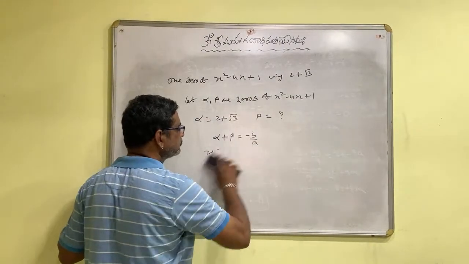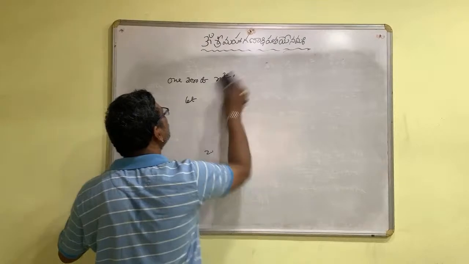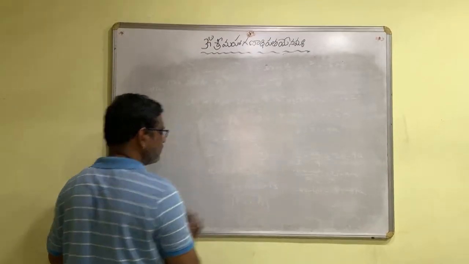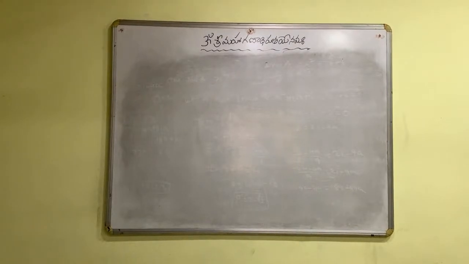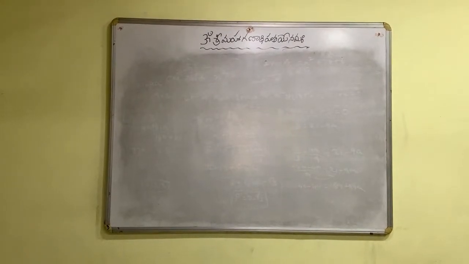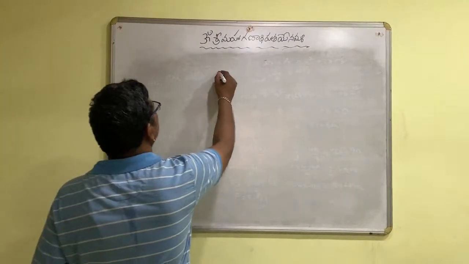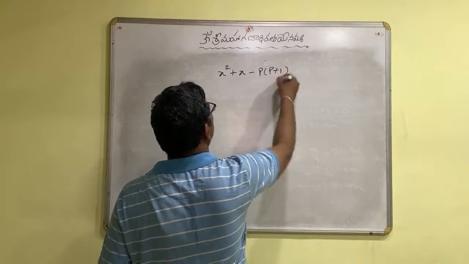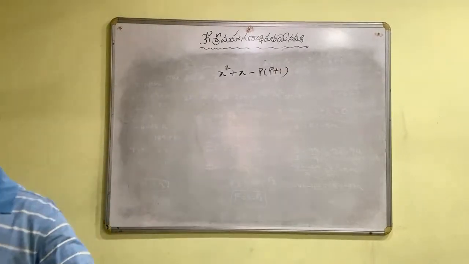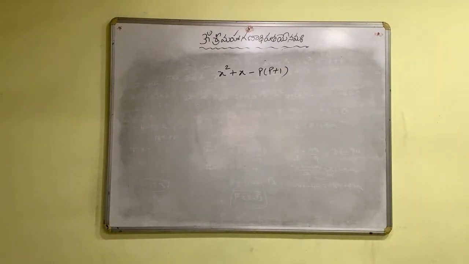Now, find the zeros of x square plus x minus p into p plus 1. We need to find out the zeros of this polynomial.